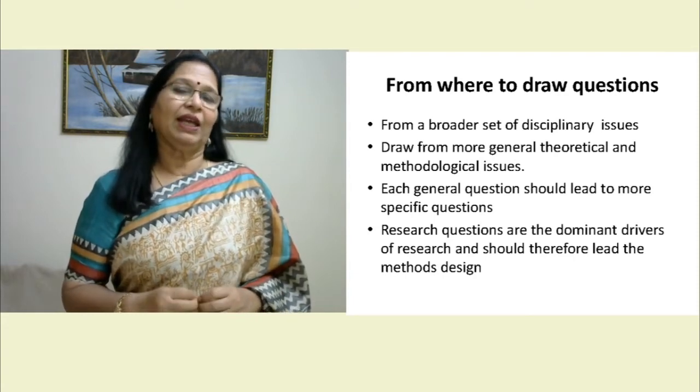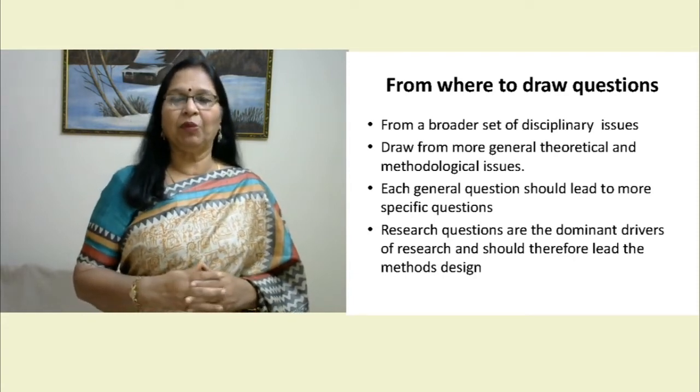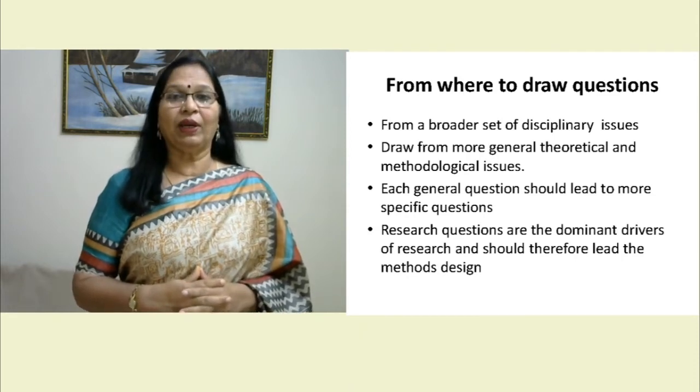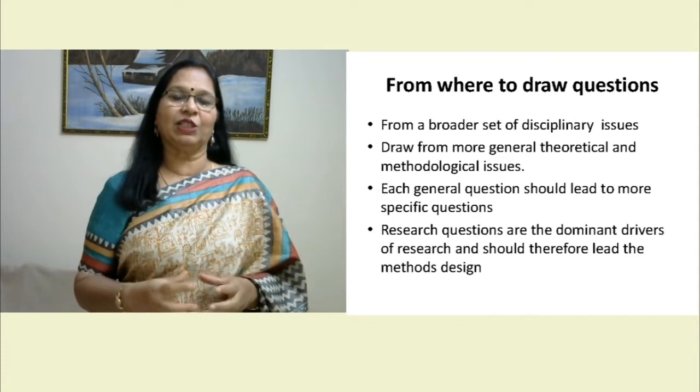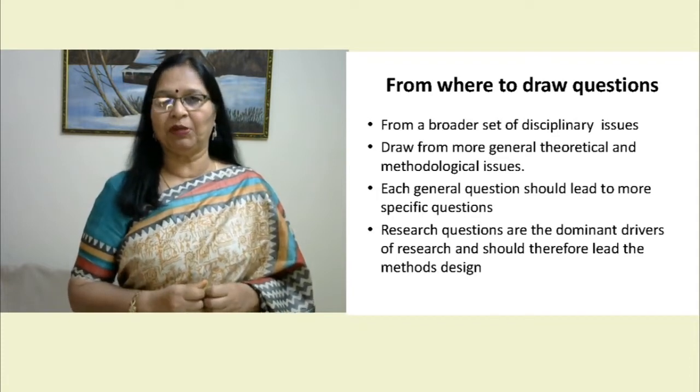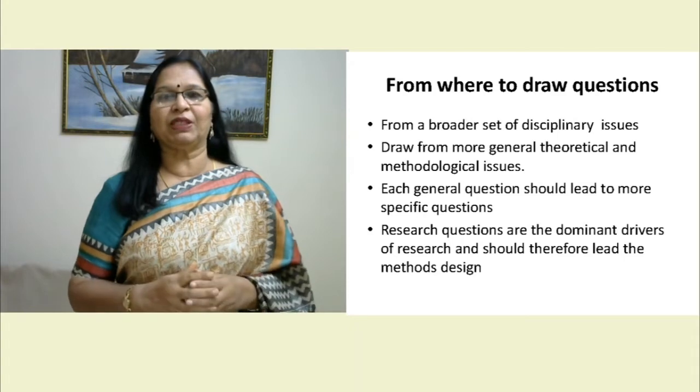It would mean that if one was looking at unemployment, for example, then one needs to understand what the theoretical structures are that explain the problem of unemployment. In each discipline, it will be studied differently.